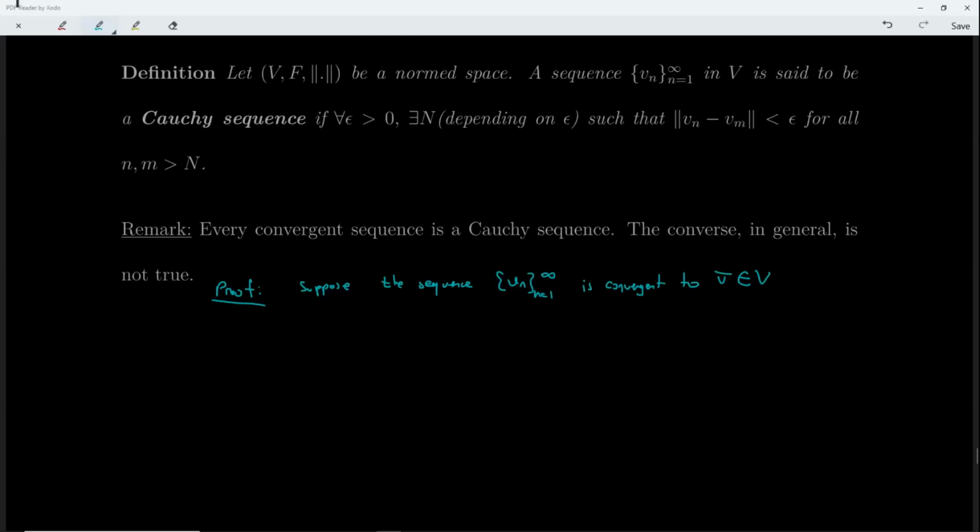Let's try to write down the norm of Vn minus Vm. To that expression, I can add and subtract V bar, so I will have Vn minus V bar plus V bar minus Vm.